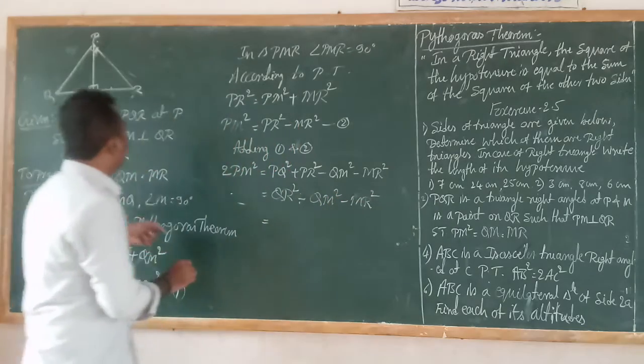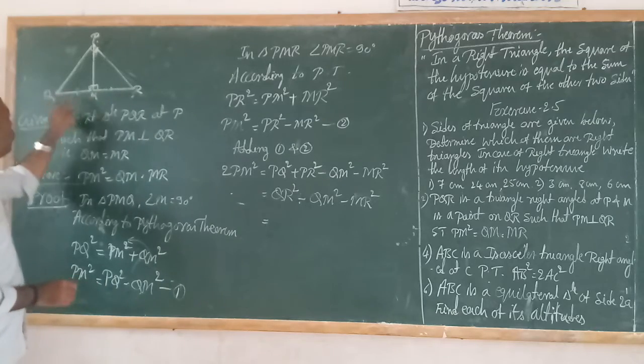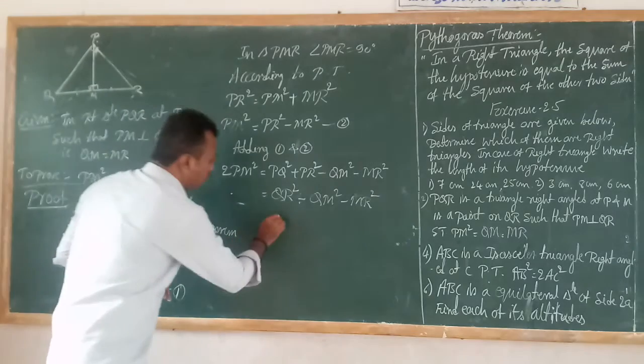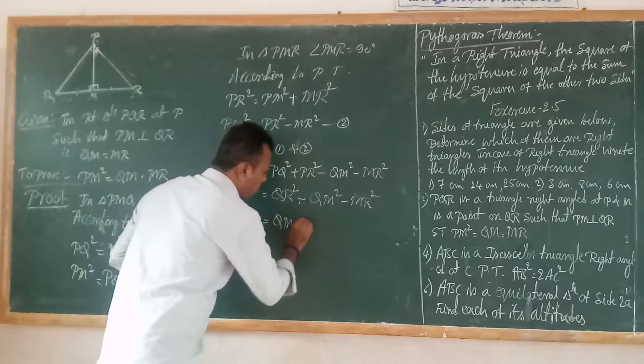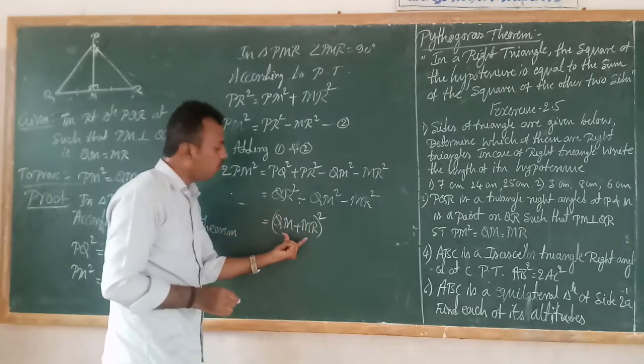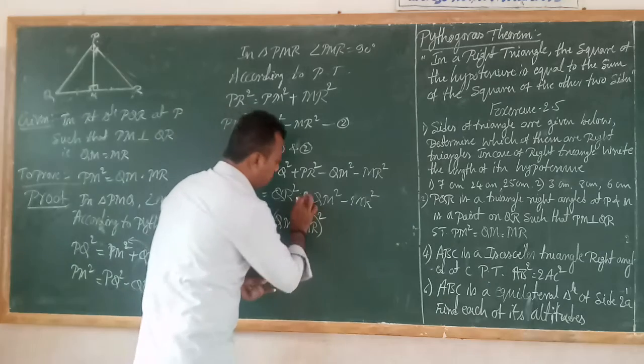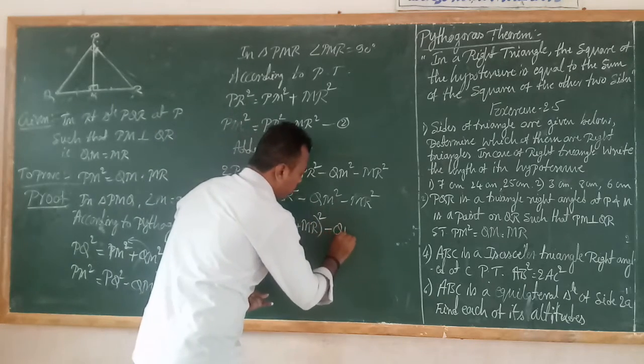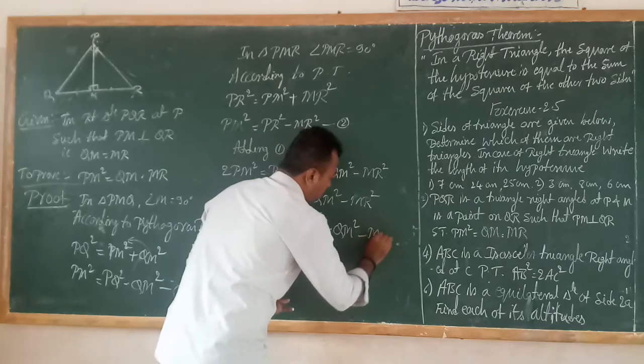Now QR can be written as QM plus MR, whole square, minus QM square minus MR square.